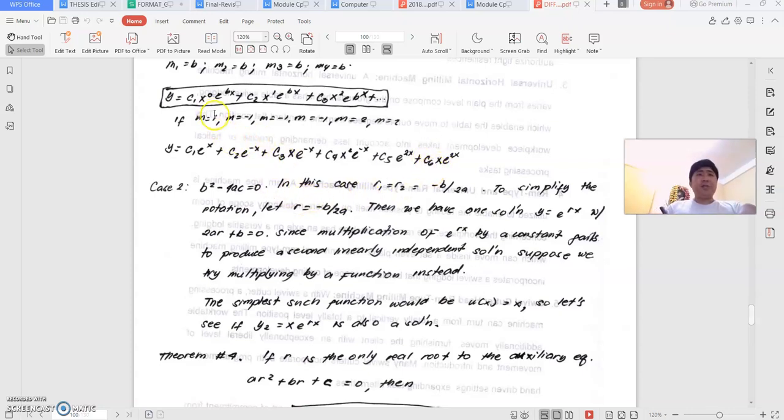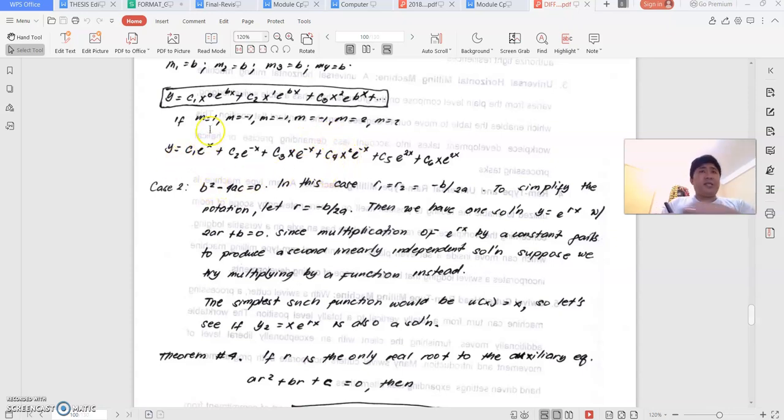Next, look at the first repeated roots. The first repeated root is negative 1, which has 3 repeated roots, right? This one is the second arbitrary constant or the second part. So, you will start at x to the 0, that is 1, so it does not show. The next of that will be x, the next of that will be x squared.